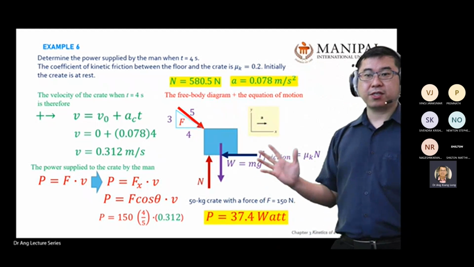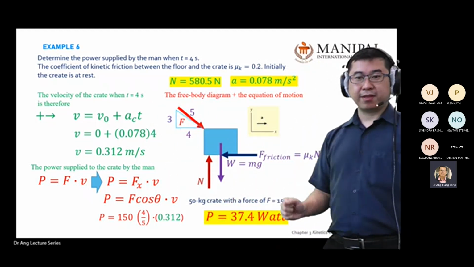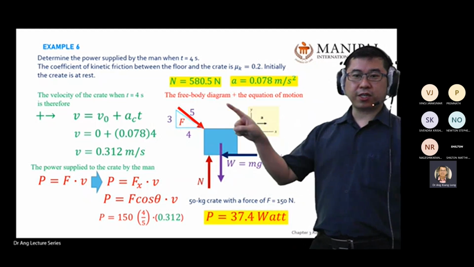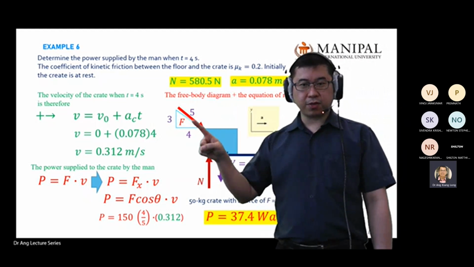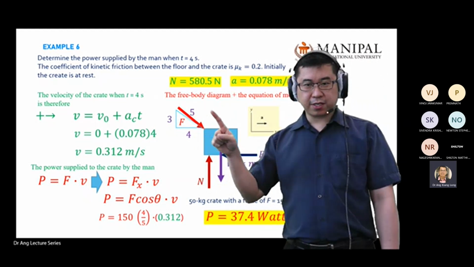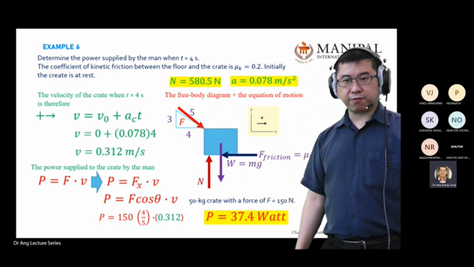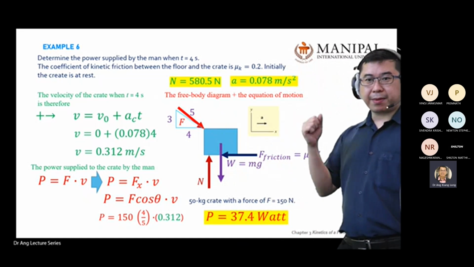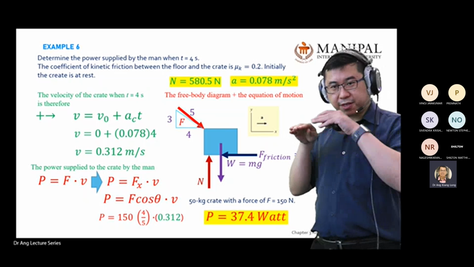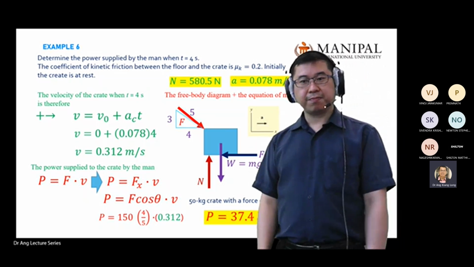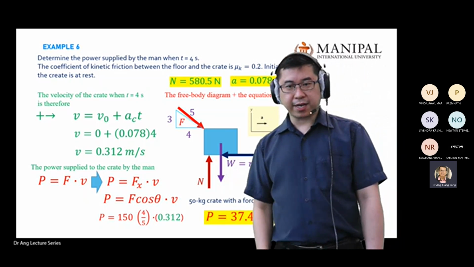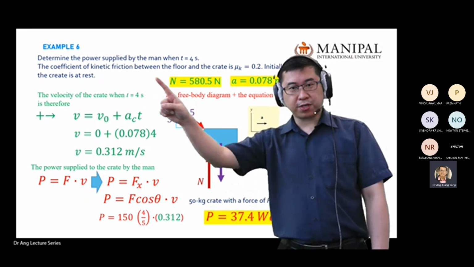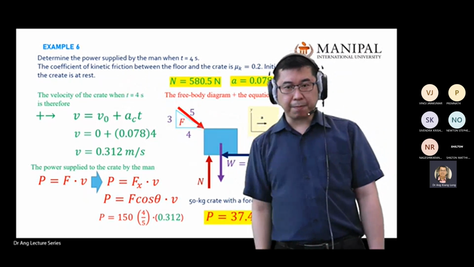In the system means you look at the free body diagram and the velocity, total up all the forces, these forces combined with the friction force, multiply by the velocity of the system, then you get power. But this one, you focus on the power supplied by the man.